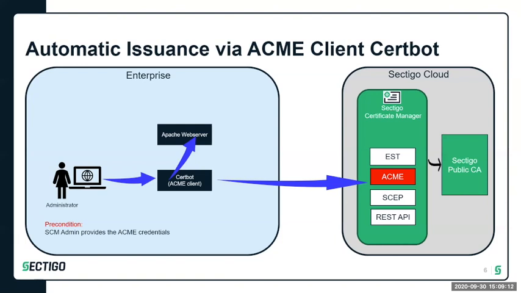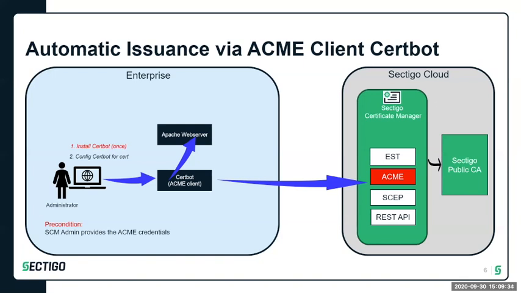Just to give you an architectural overview of how ACME works over Certbot, let's assume that you are using an Apache web server. You are going to download Certbot from their website and install the tool. Once you install it, Certbot has a config file.